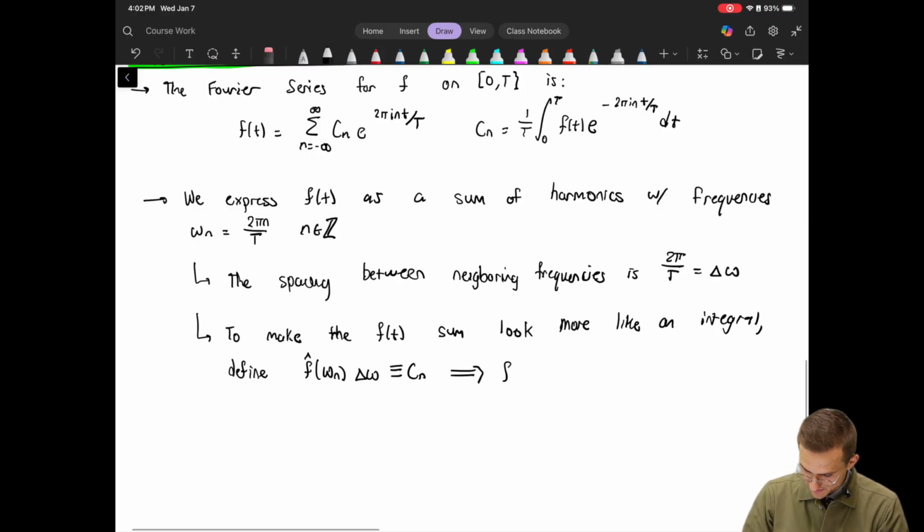So now the sum for f of t looks like this: a sum from n equals minus infinity to infinity of f hat evaluated at omega n times e to the I omega n t times delta omega. Okay?